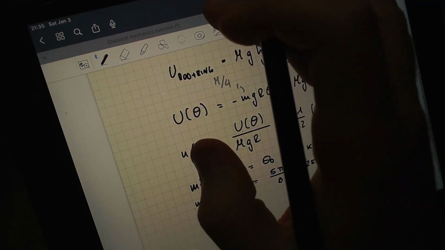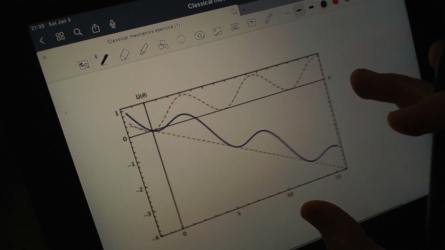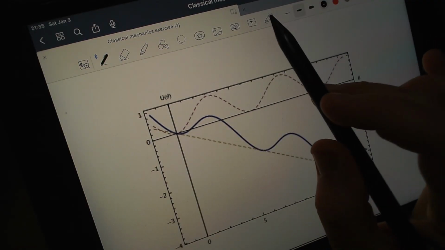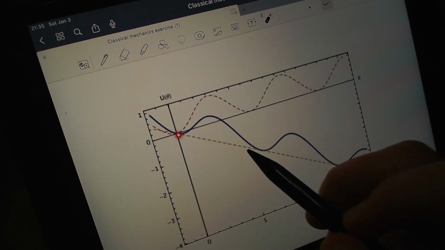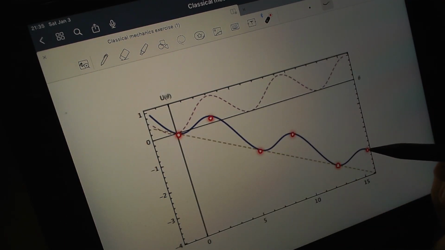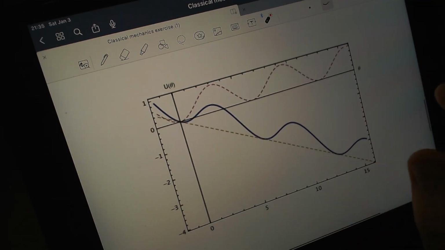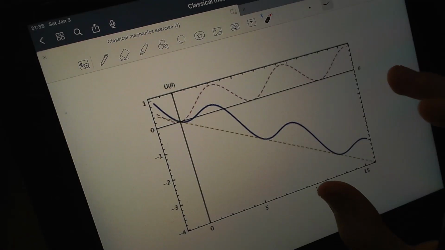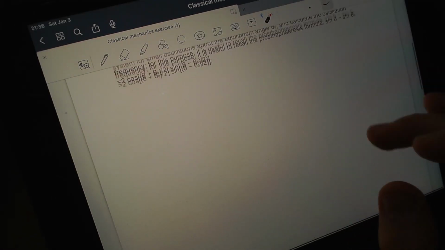Okay, and here I have the plot of the function, which is this one basically. As you can see, we have here the minima, useful for the next question.